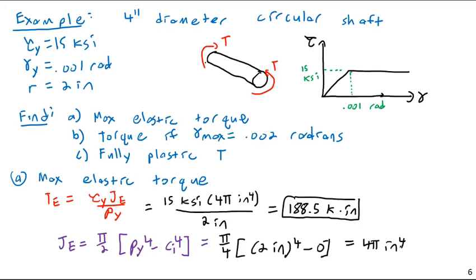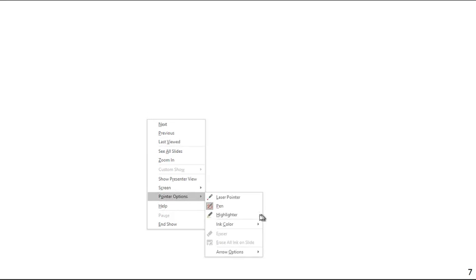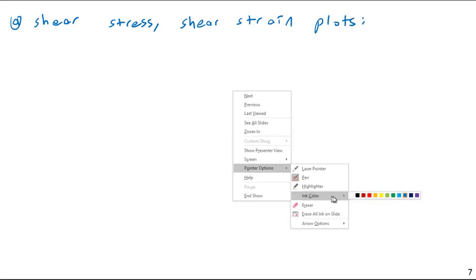And so we have our maximum torsion, our elastic torsion, and now let me just plot the shear stress and shear strain for part A. Shear stress and shear strain plots. So this is just going to be a nice simple plot.